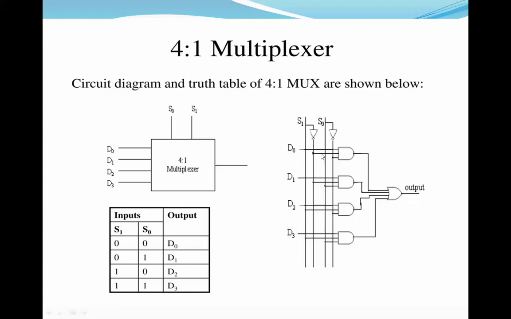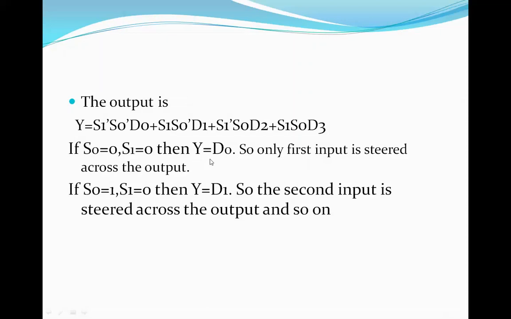Wherever we require the NOT of S1, we take that as an input to the AND gate, and ultimately we are keeping the OR gate here so that any one among them will be selected. So this logical circuit is built from this Boolean expression.